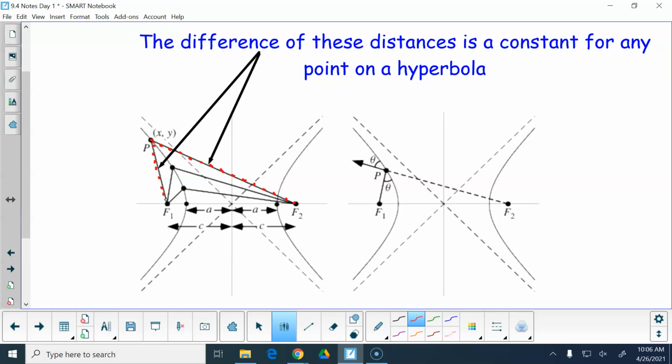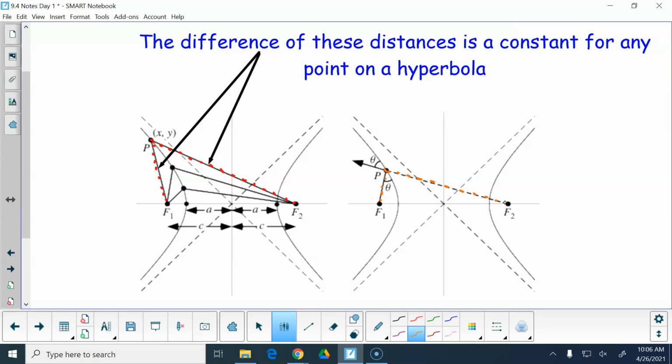So over here, if we subtract those two distances, it would be the same left and right.